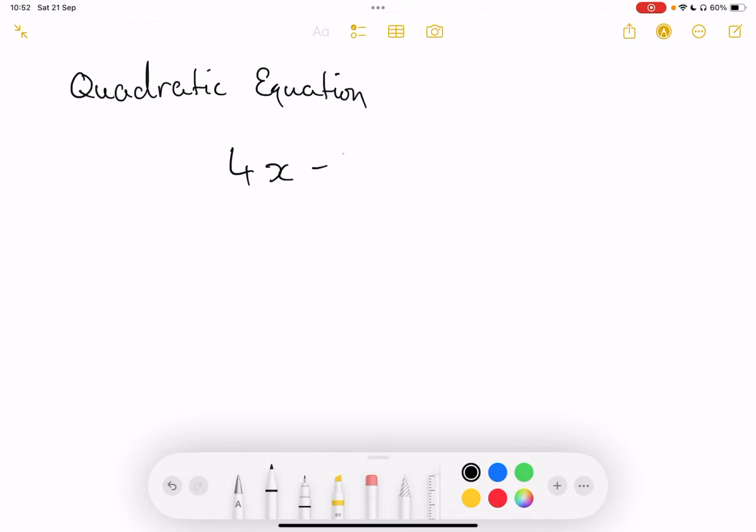For example, this is not a quadratic equation because the highest power on the variable is not 2. But this is a quadratic equation because the highest power on the variable is now 2.